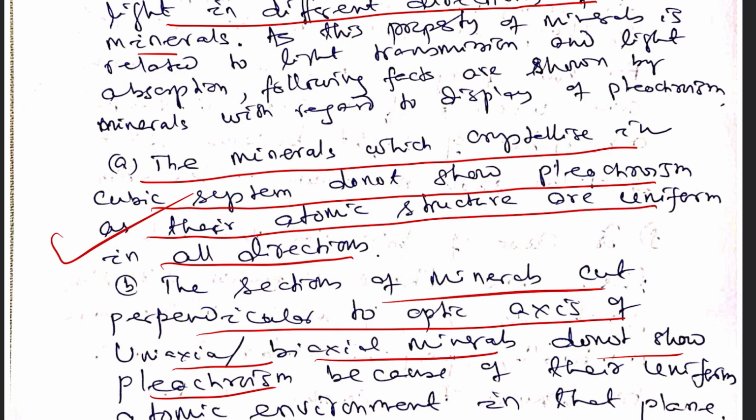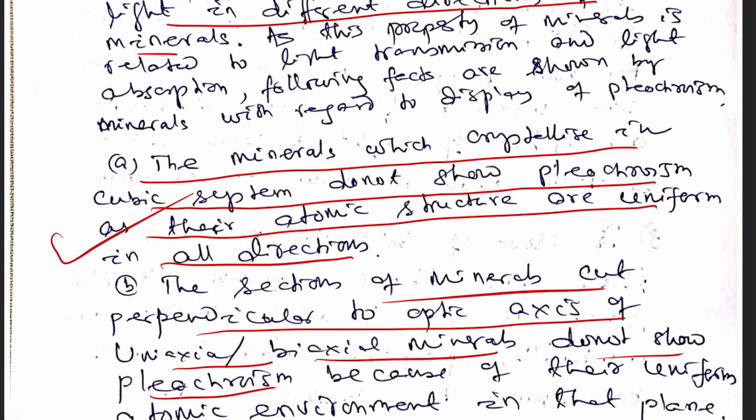When light vibrates in those planes, it suffers no double refraction and its velocity remains the same in all directions of vibration in that plane, because of the uniform atomic structure.